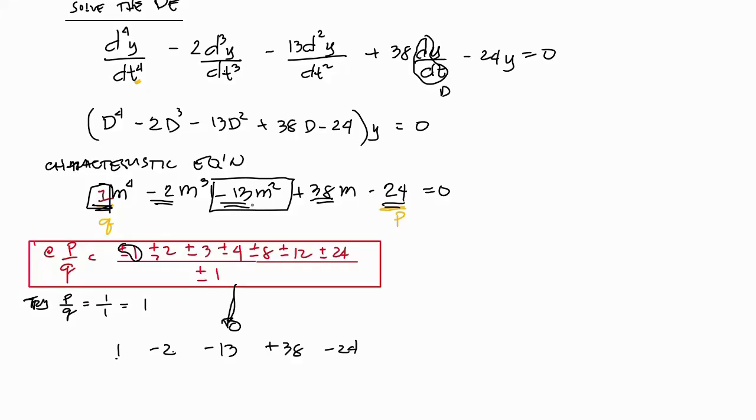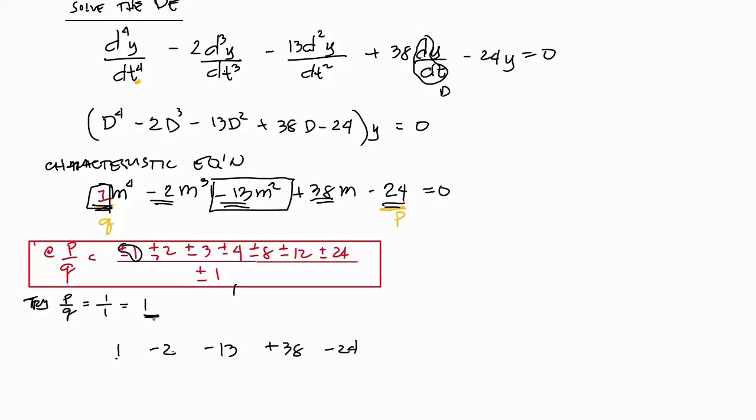But since all are given here, there is no need to fill in any 0, because we already know the values of the coefficients from 4 down to m raised to 0. Now let's go back to our synthetic division.